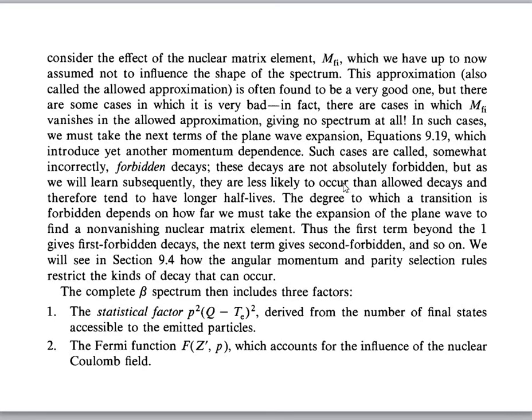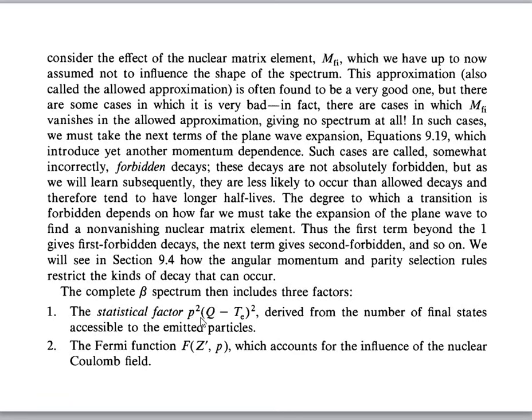So the degree to which the transition is forbidden depends on how far we must take the expansion of the plane wave. To give the first forbidden decay, the next term will give the second forbidden, and so on. So the complete beta spectrum includes three factors.